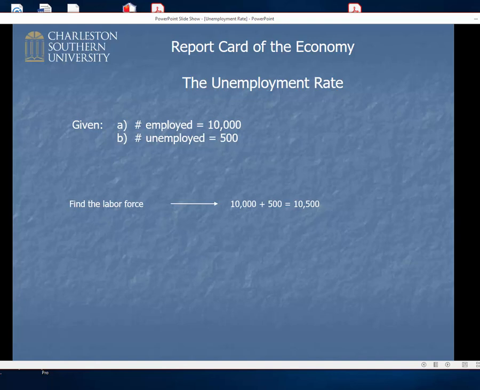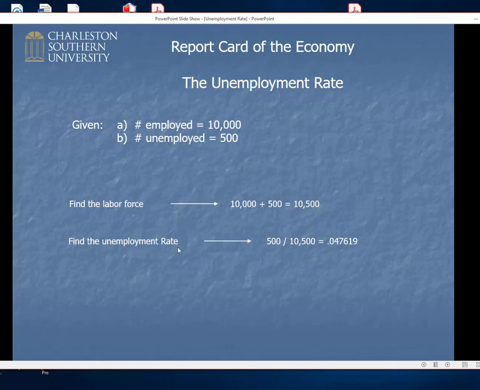That's kind of easy. Then suppose I ask you to find the unemployment rate. Remember, the unemployment rate is the number unemployed, which is 500, divided by the labor force, which is 10,500. Many students will mess up right here, and they will just put the number employed in here, and they'll get it wrong.